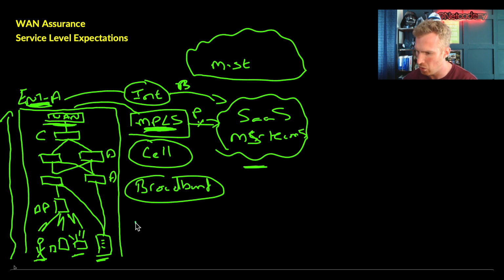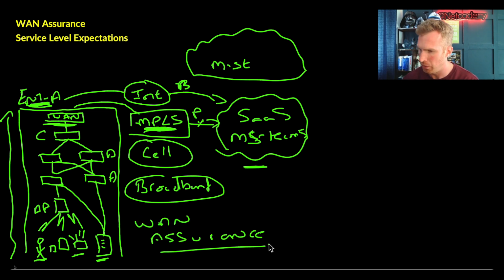But coming back to WAN Assurance, those SLEs, those service level expectations: one, providing a service level expectation on the device itself, on that WAN router. Two, providing an SLE on the connection. I'll try and draw it here, on a connection that's connecting your enterprise network to the internet, to the MPLS, to the cloud basically.